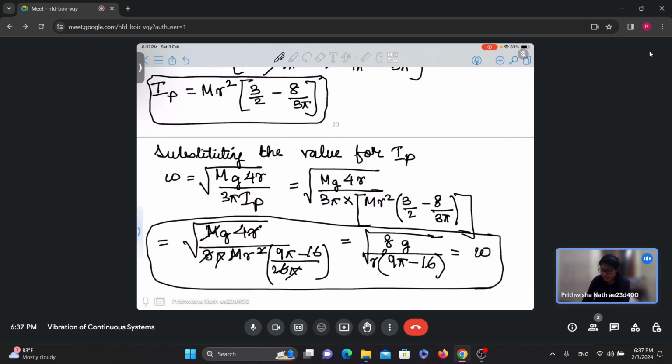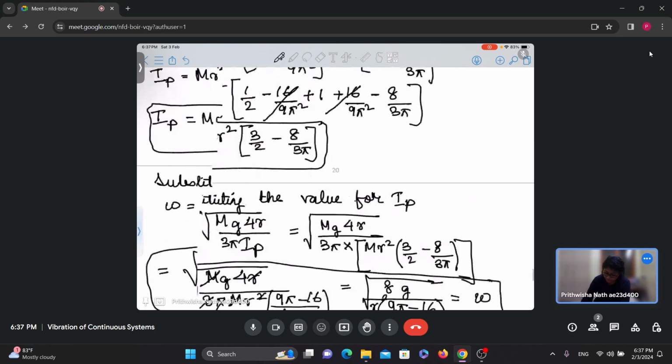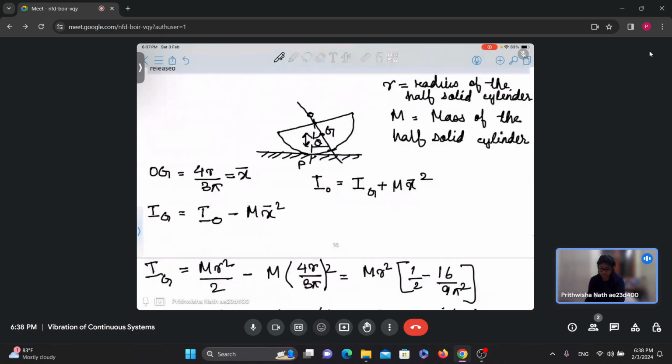So what we did in this problem is, first we know this distance OG, that is 4r by 3 pi. Now from the parallel axis theorem, we know that IO can be written as IG plus M into x bar square.